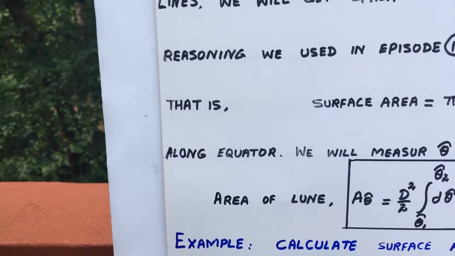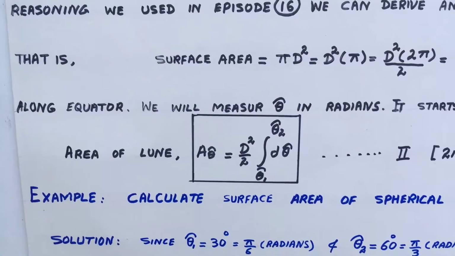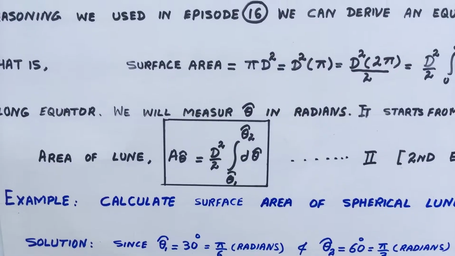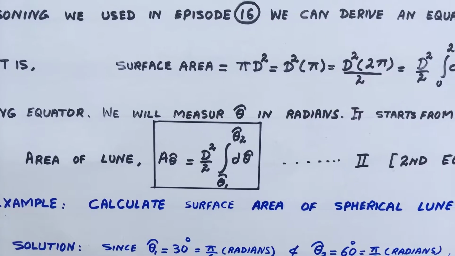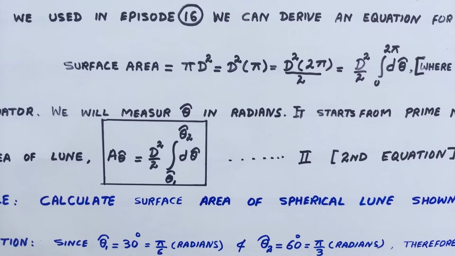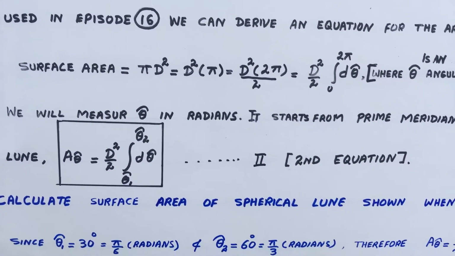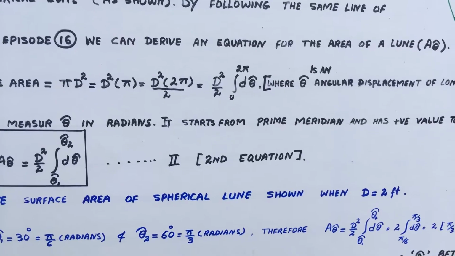The area of the lune becomes A(θ̂) equal to d²/2 times the integral from θ₁ to θ₂, and this is our second equation.